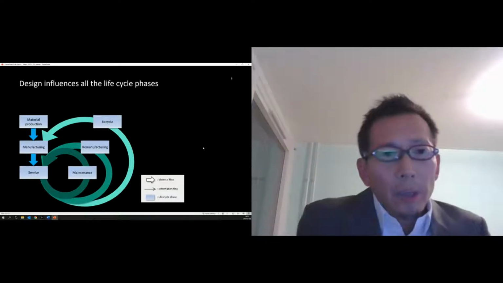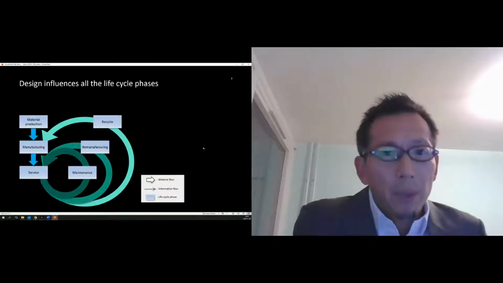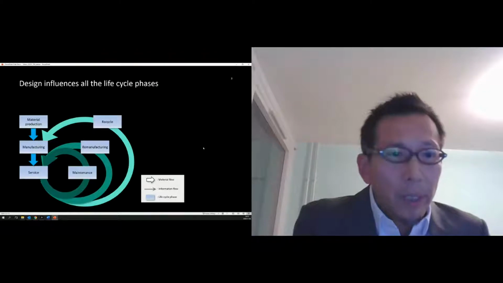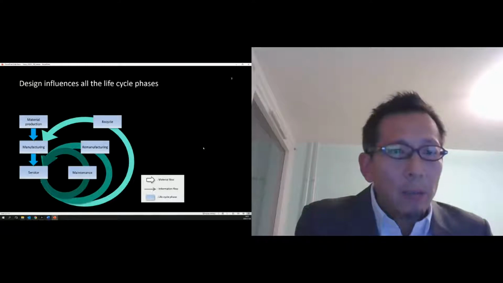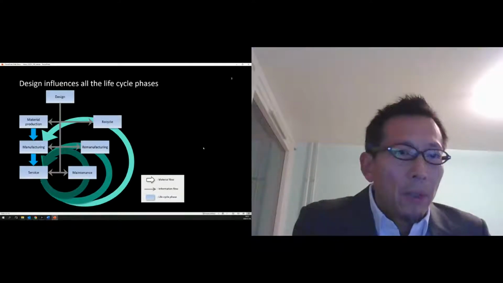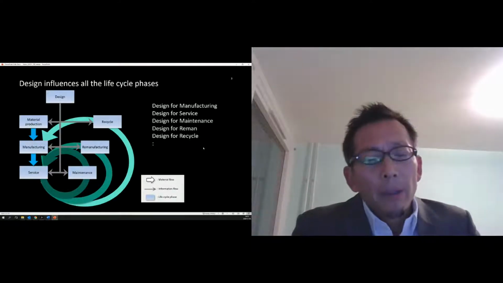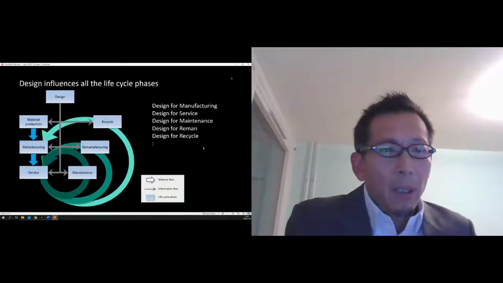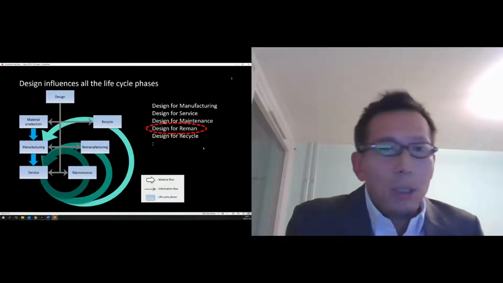But what I want to emphasize here is that there is a process that is design, and design is unique compared to these processes because it doesn't exchange materials, but rather influences the other phases of the life cycle through information. Therefore, there are many concepts represented by Design for X, and this presentation concerns Design for Reman.